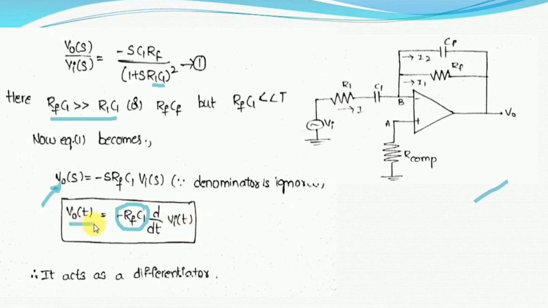So the output signal is nothing but the differentiation of the input signal, and this circuit will act as a differentiator. This is how we have proved that this practical circuit will also act as a differentiator, and how it overcomes the drawbacks of the ideal differentiator circuit.